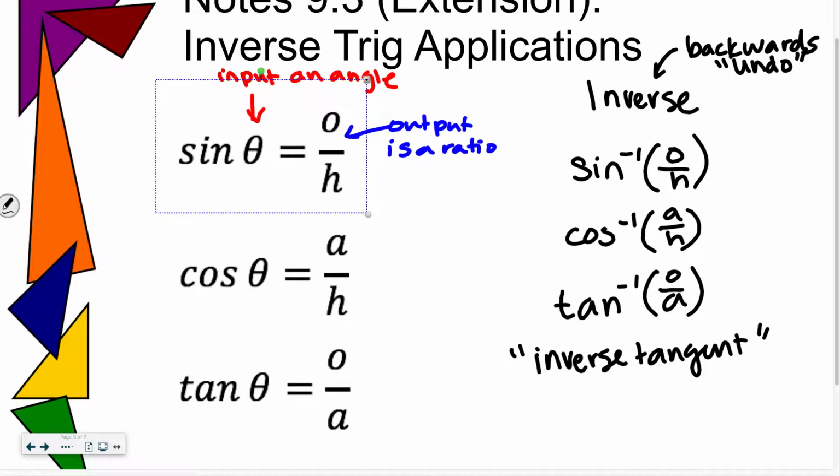What happens there is you put in the ratio, whether as a fraction or as a decimal, and when you put in the ratio, you get out an angle. So it flip-flops. Your input is a ratio, and your output is an angle.